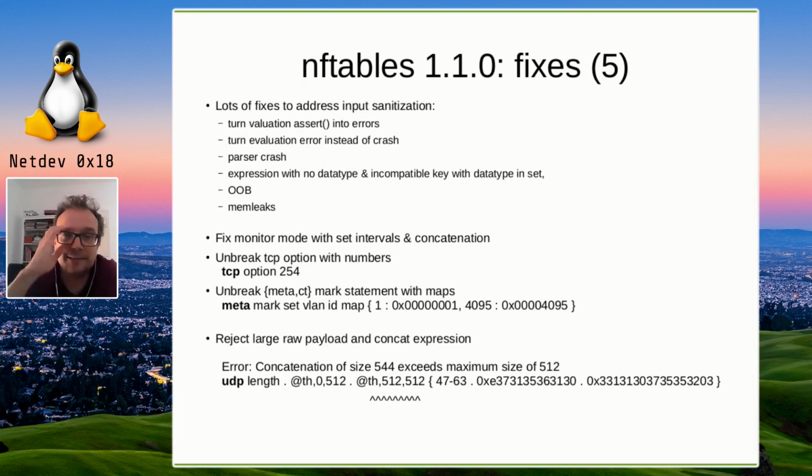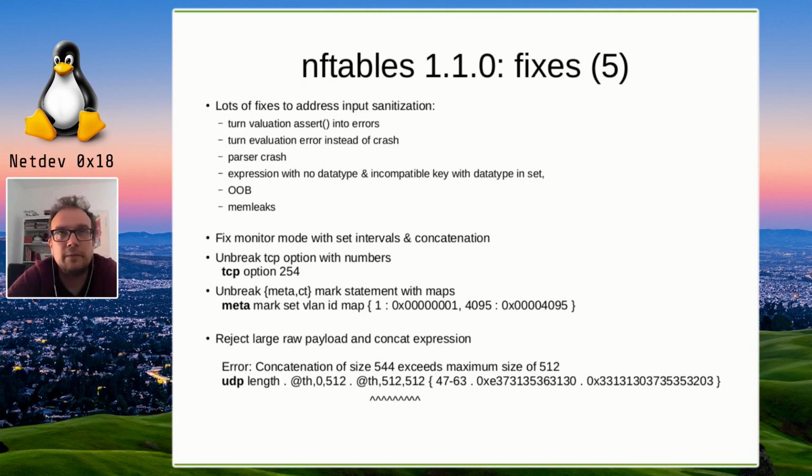Also, AFL++ has triggered paths where expressions could have no data type, which is not valid and should not proceed, and evaluation should basically simply reject that. And incompatible keys with data types in defined sets, also out of bound memory access, by fortifying the existing memory access, validating the buffer boundaries, and just to make sure that we have no crashes in that regard.